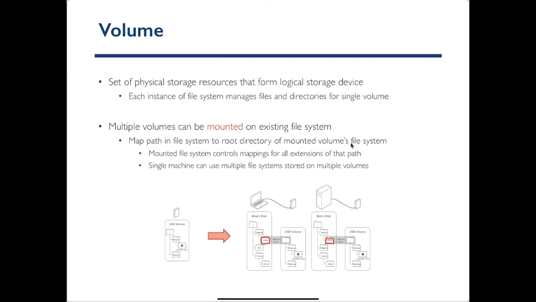Now, by mounting this to Alice's laptop and Bob's desktop, we make the file system in our USB device accessible to the host file system in Alice and Bob's machines.